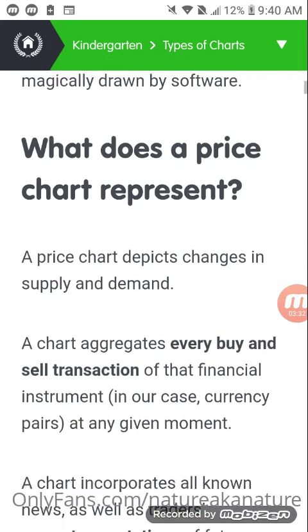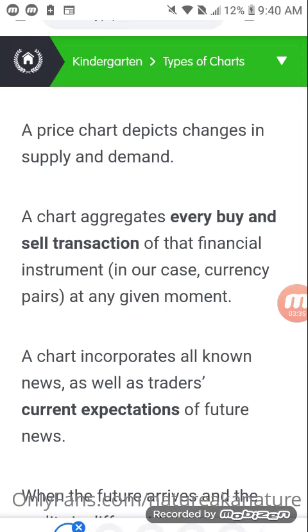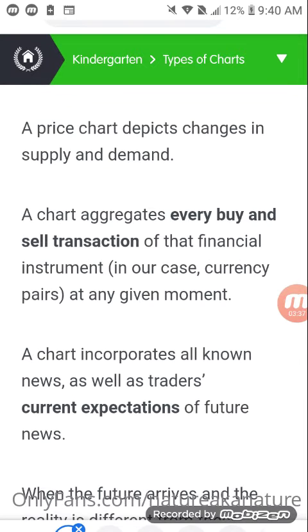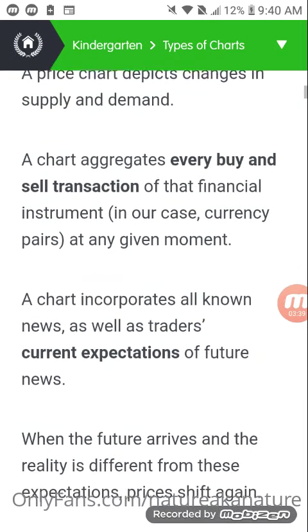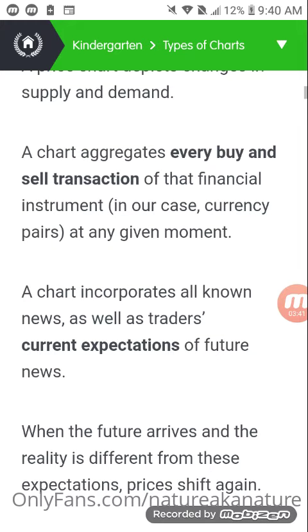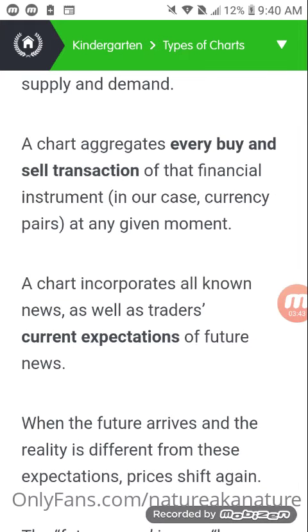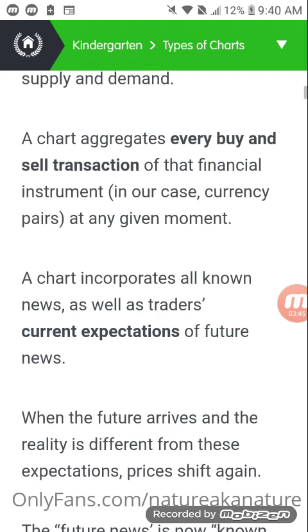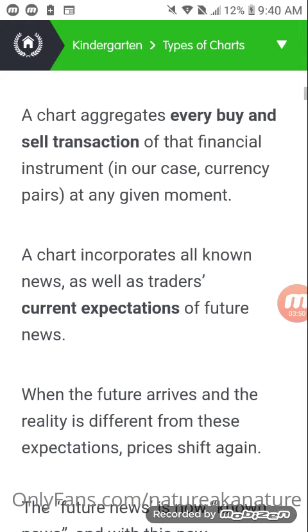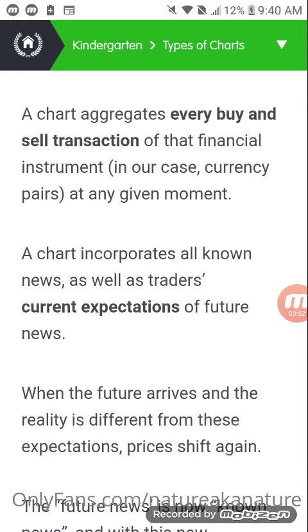What does a price chart represent? A price chart depicts changes in supply and demand. A chart aggregates every buy and sell transaction of that financial instrument or currency pair.